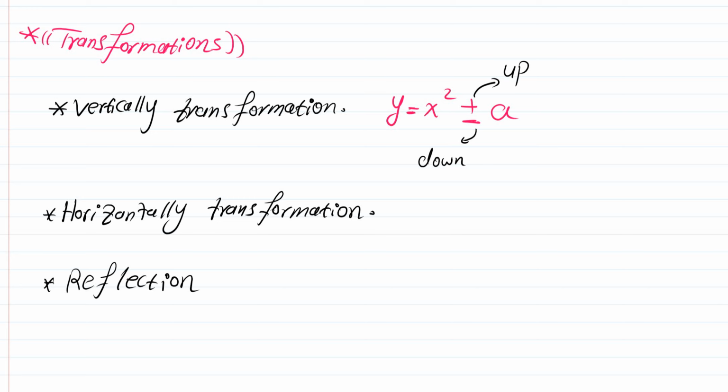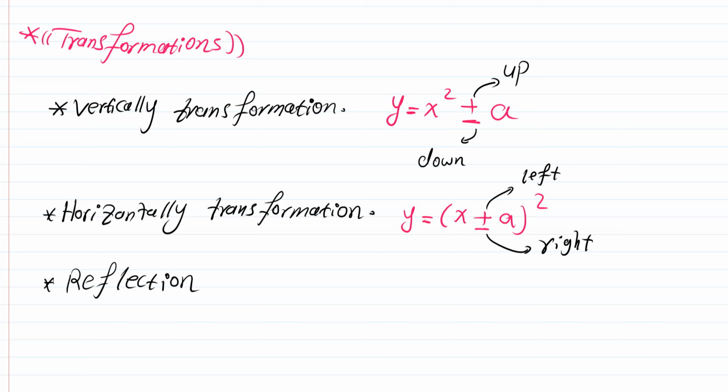How about horizontally? Because vertically means on the y-axis, horizontally on the x-axis. When y equals x plus or minus a number, squared, students, when this one is positive, you go in the opposite direction. It goes left. How about negative? It goes right.